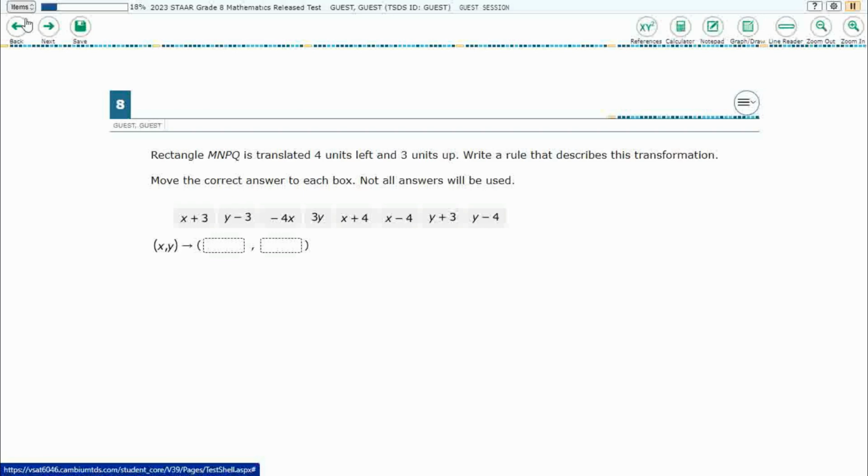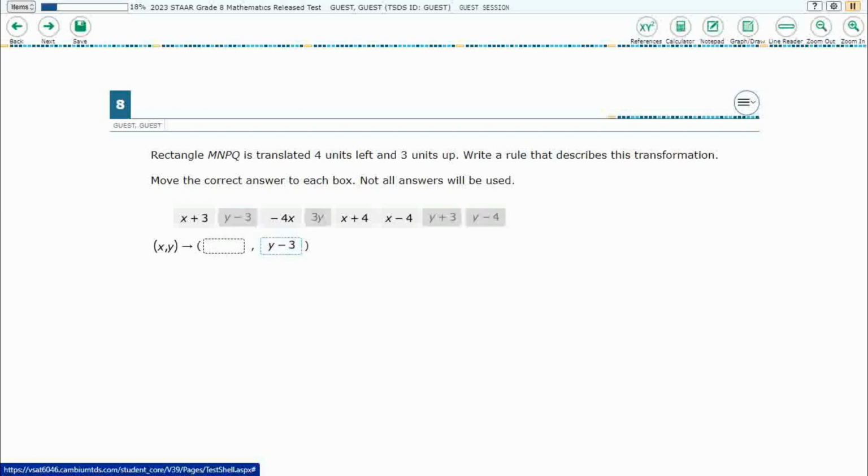So we've got a transformation we need to look at, and we have a drag and drop. We say we need to move the correct answers here. You notice that in this first slot right here, we can only put the x plus, right? Since this is going to be a transformation of the x and y coordinates, if I try to drag this y minus 3 into that first slot, it's not an option.